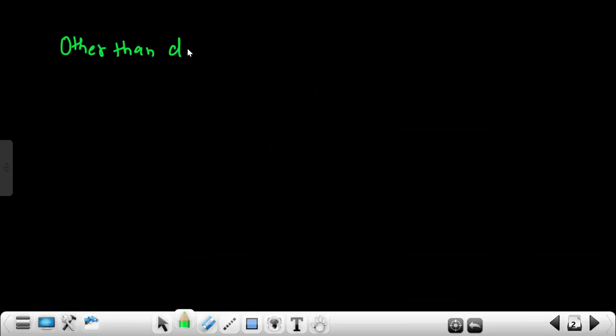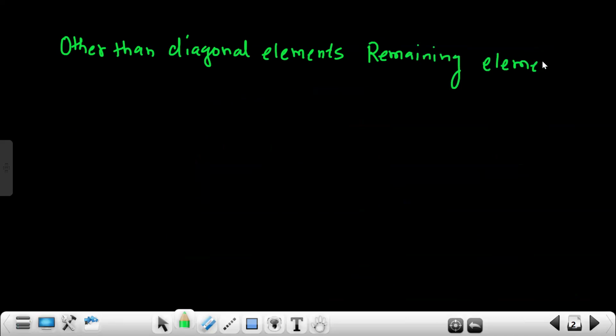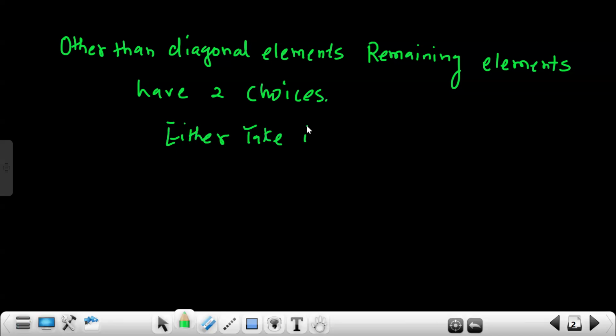Other than the diagonal elements, the remaining elements have two choices, either take it or leave it.